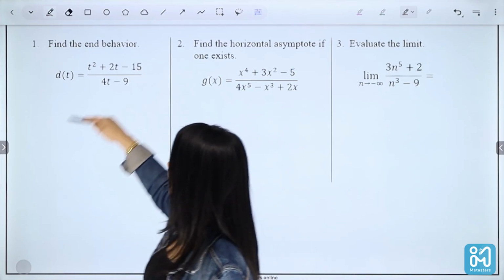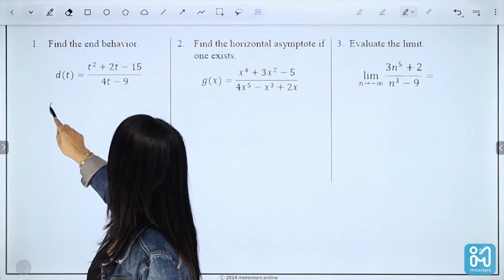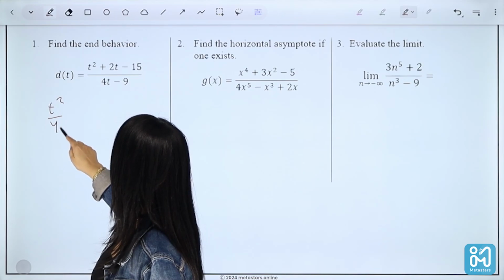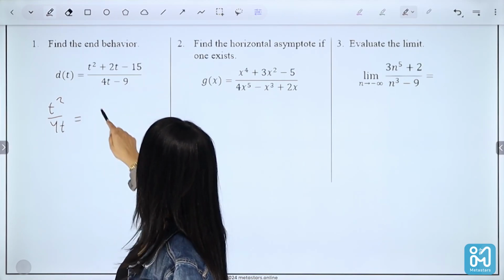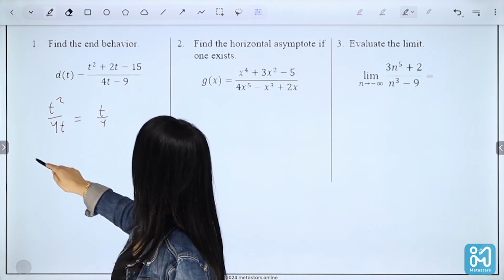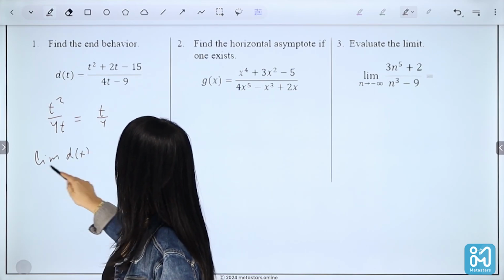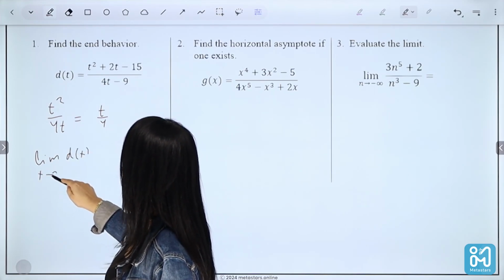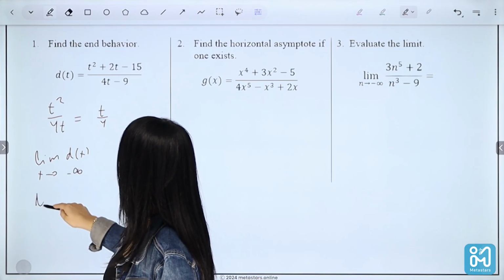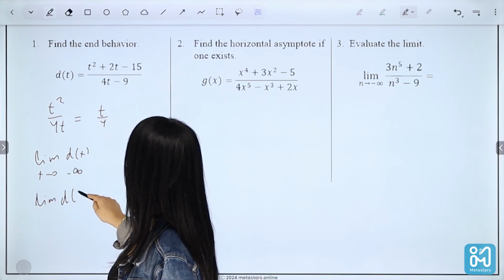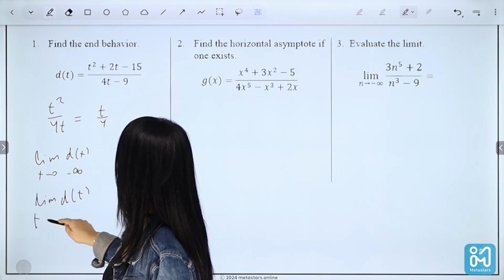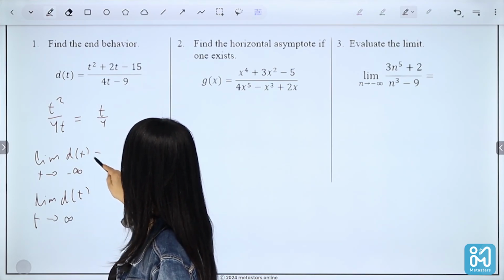So directly, we can take t squared over 4t. We simplify, and it's going to be t over 4. So we need to find the limit of d of t as t goes to negative infinity, and the limit of d of t as t goes to positive infinity.